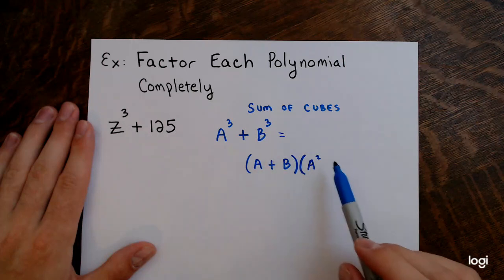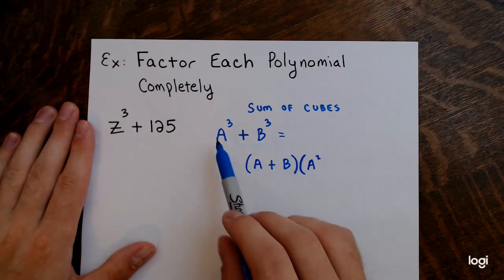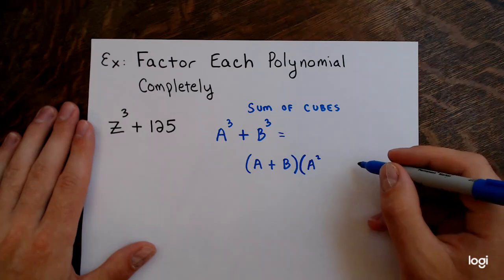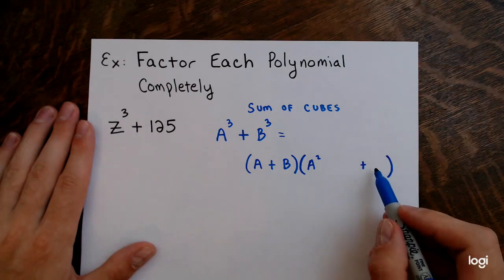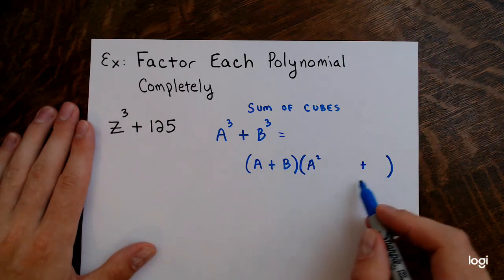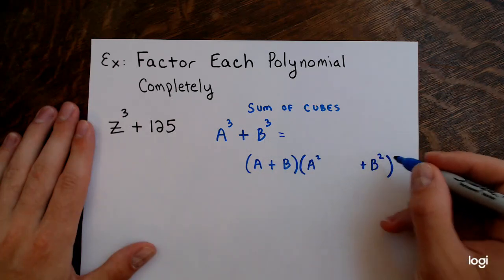So later when I check, when I distribute the a, I want a times what would give me a cubed back. So this first term is a squared. Then there's going to be a third term, I'll do the middle term next. The last term in this second factor is for when I distribute the b, I get a b cubed, so you've got b squared there, plus b squared.